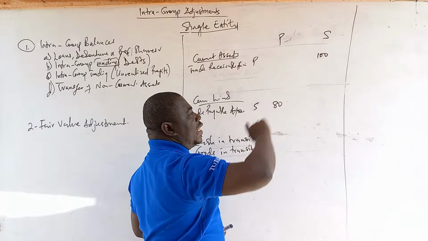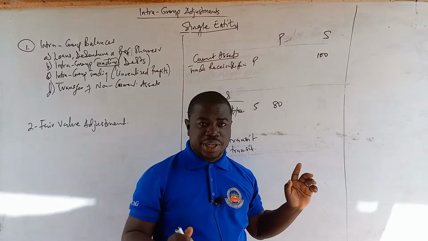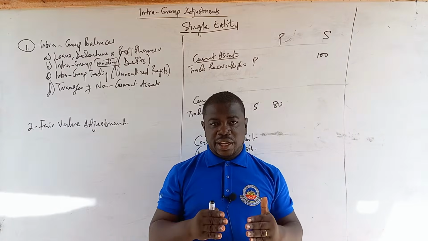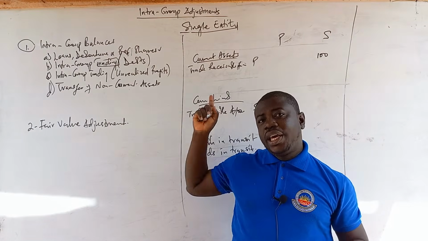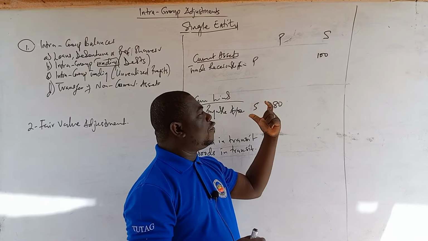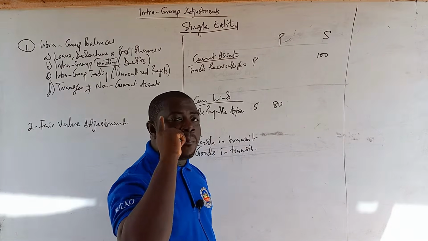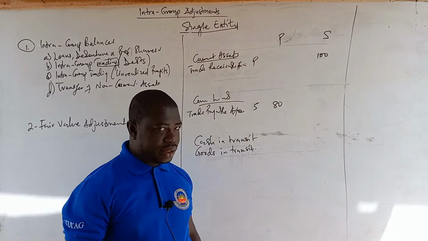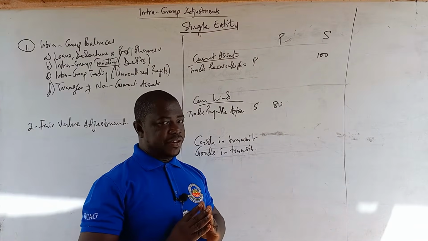So in canceling out, you cannot cancel 80 and 100. I've already told you in a previous video, when I was teaching you cancellation and part cancellation, that we cannot cancel out figures that are not the same. So the maximum we can cancel out here is the 80. So the 20 will stand in the consolidated statement of financial position.